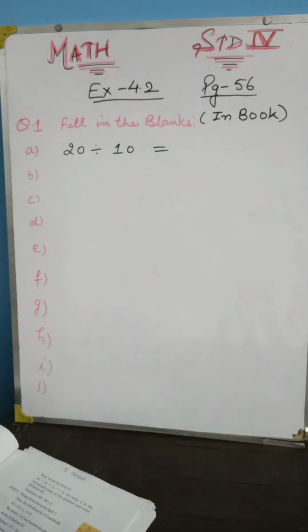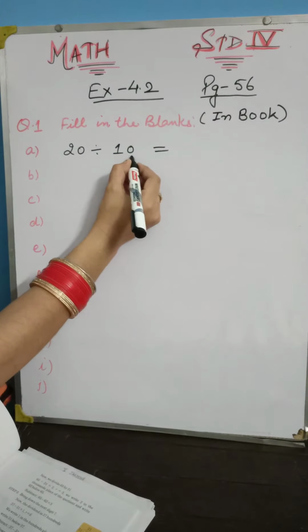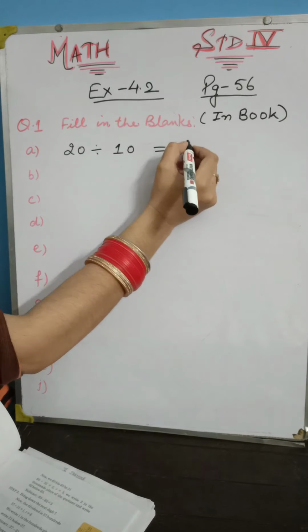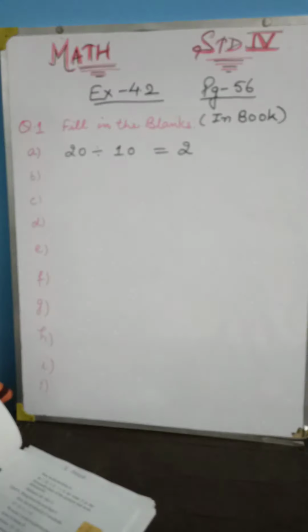So the first part is 20 divided by 10. So what should be the answer? As we have discussed in our basics, like we will not do actual division, proper division. So we'll apply the shortcut method. Just look at the number of zeros. Here only 1 0 and 1 digit. Cancel out. What is left? 2. So your answer is 2.